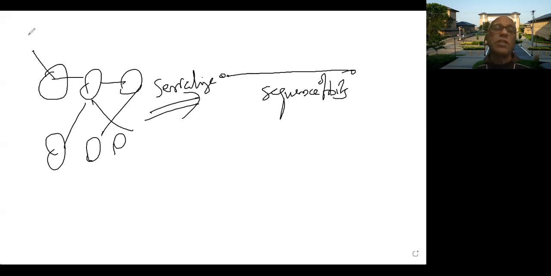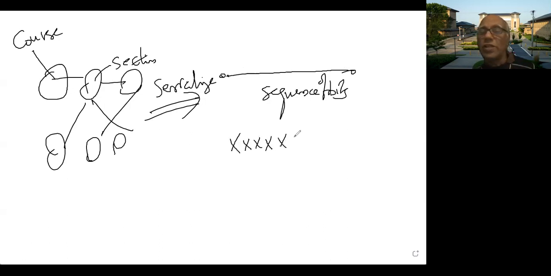For example, if this is of type course, and if this is of type section, somehow, and I have no idea about the details of this, I think it is very well hidden by Java. The structure of these objects is preserved here.